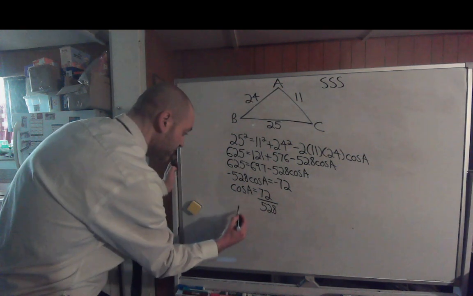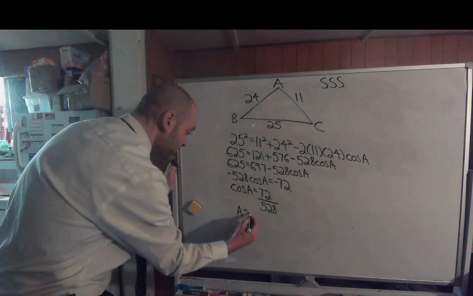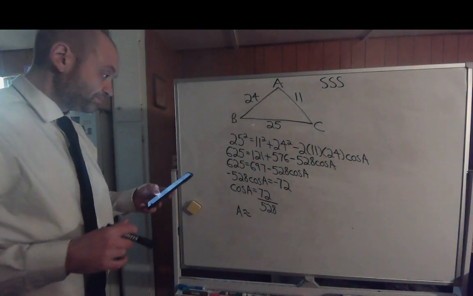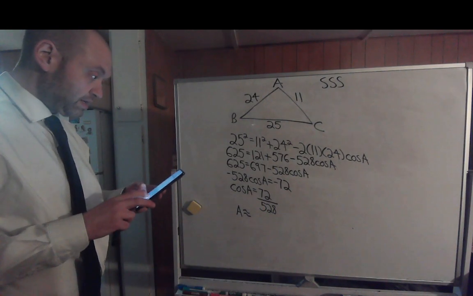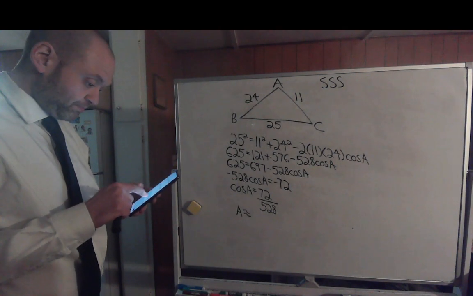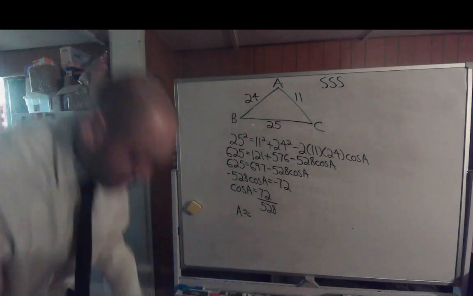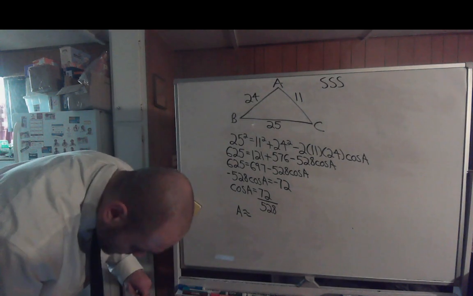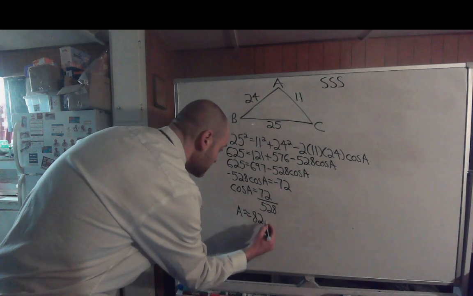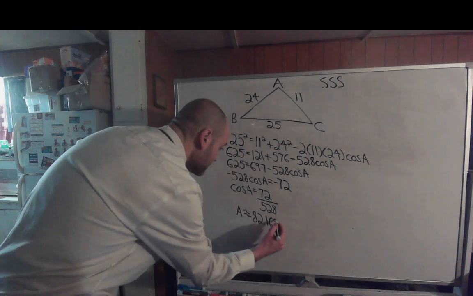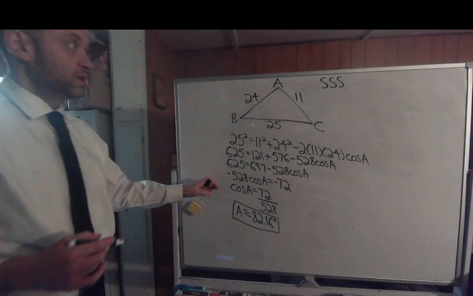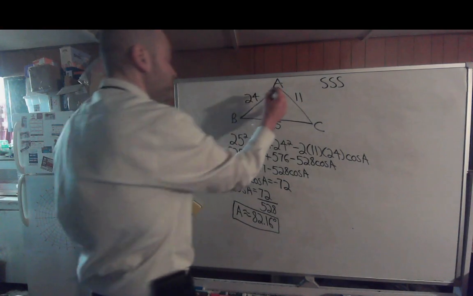And then A, of course, would equal the cosine inverse of that, which will be a ballpark approximation. It would be about 82.16. So angle A is approximately going to be equal to 82.16 degrees.